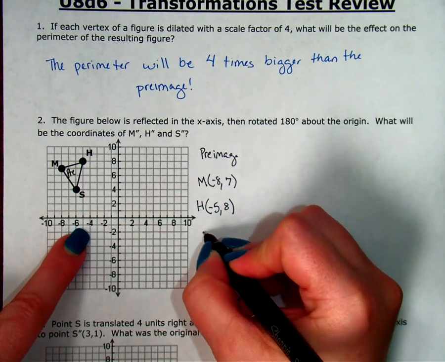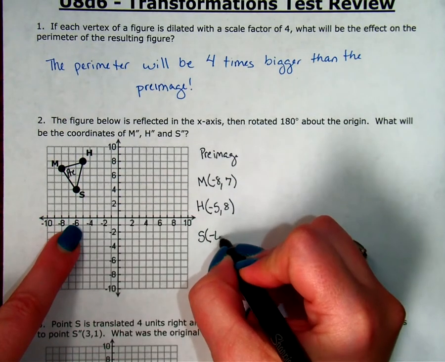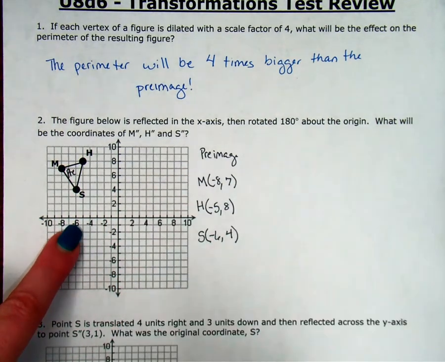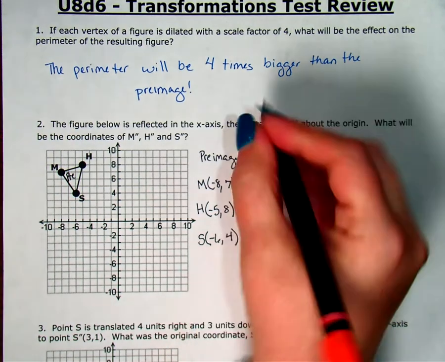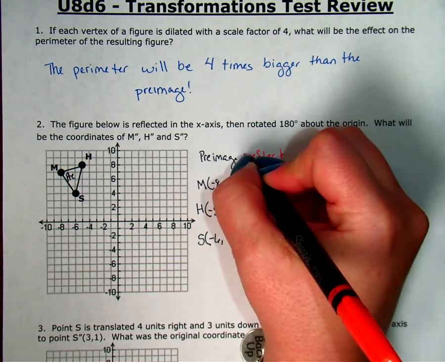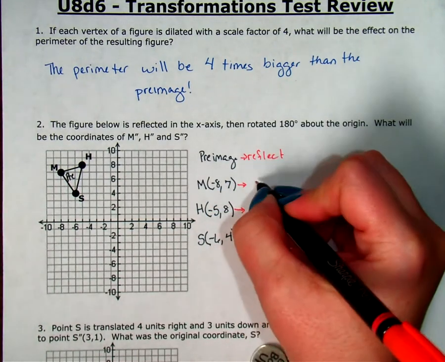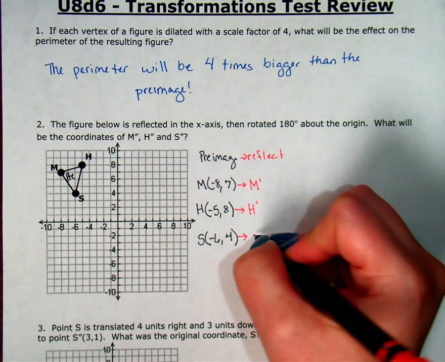And S is the point -6, 4. It says the first thing I'm going to do to this figure is reflect it in the x-axis. Okay, so that is the first thing we're going to do, and that's going to take us not to our image, but kind of like to our pit stop. M prime, H prime, S prime.